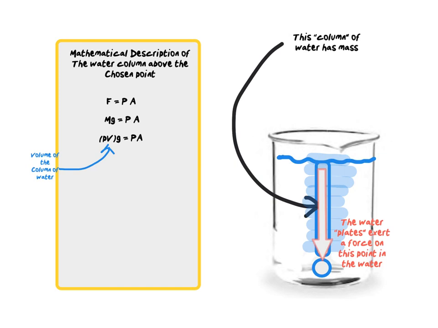We can substitute the expression A times h for V, leaving us with rho times A times h times g is equal to P times A. Now we can very clearly see that the A variable, the area variable on each side of the equation will cancel out, and I'll be left with pressure is equal to rho, the density of the fluid, times h, the height of that column of water, times g, the gravitational field.